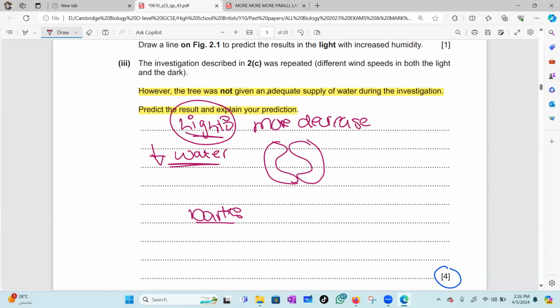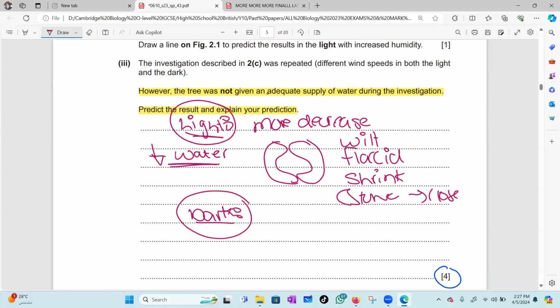So the guard cells will wilt or become flaccid or plasmolysed, use any keyword, and the vacuole will shrink. In other words, the guard cells will close. The stomata will close. That is why the rate of transpiration will drop.